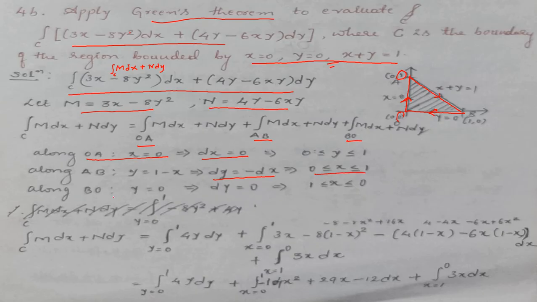Next, along the line BO, the line equation is y equal to 0. Therefore, dy equals 0, and the interval of x is 1 to 0.